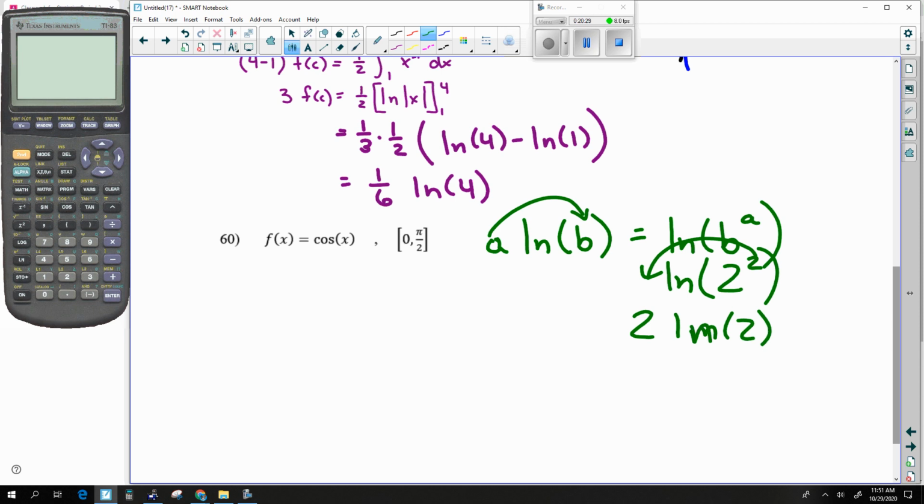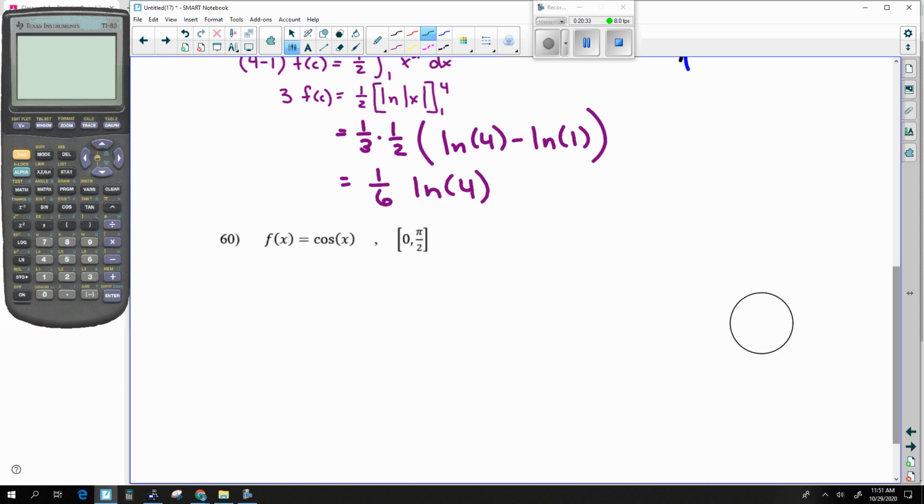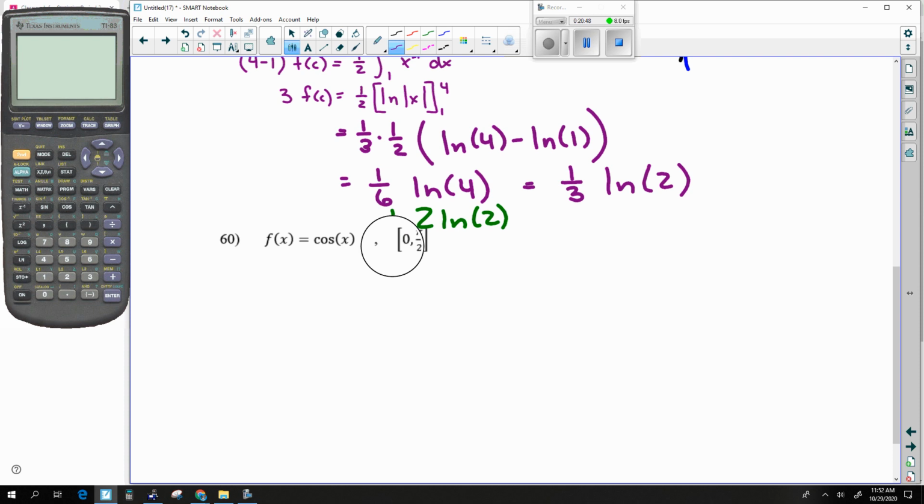So this answer could potentially look like 1/3 ln of 2. I think that's the answer in the book, 1/3 ln of 2. If you can get that far, awesome. If not, this is the minimum that you need to have.